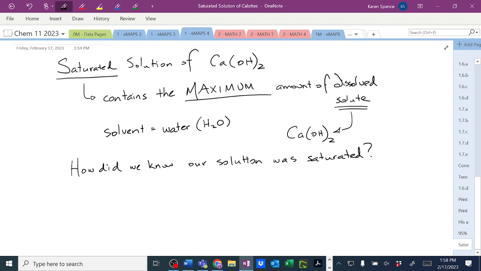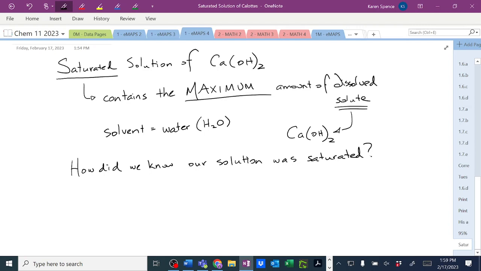Cade? There's powder at the bottom. What does that tell you? Not everything can be dissolved. Yes.